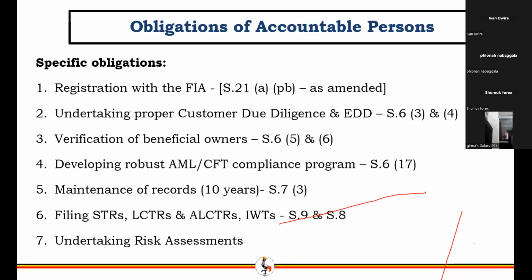So that's what we mean by verification. Mainly, customer due diligence has two components: you have to identify your client and verify your client. In addition, risk profile your client so that you know when to conduct EDD, enhanced due diligence, or simplified due diligence. So that's what we mean by undertaking proper customer due diligence.